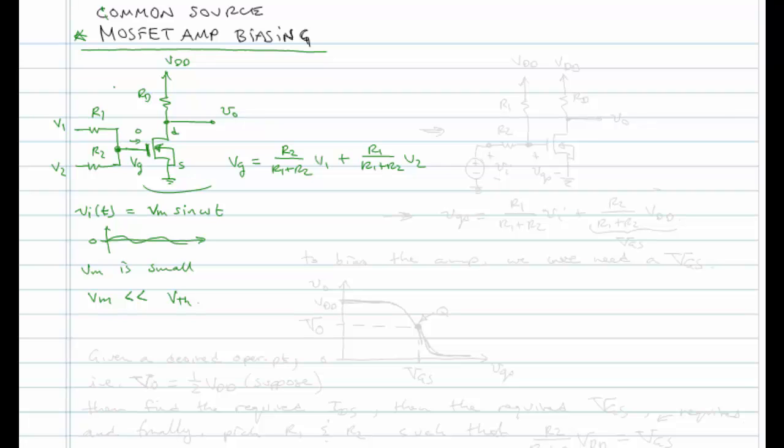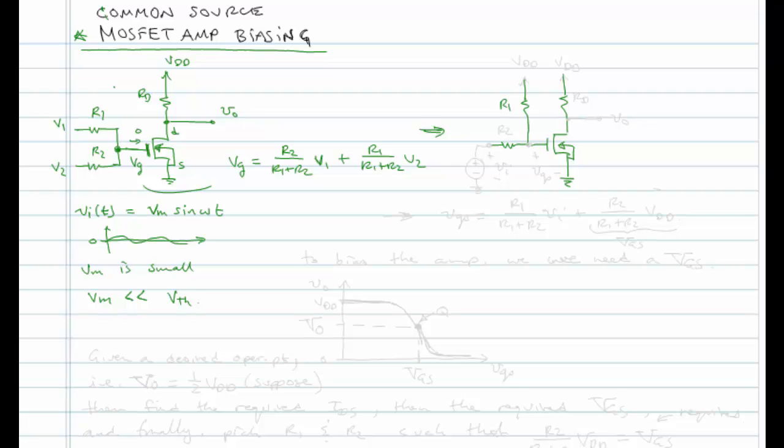So we can actually sum two different voltages into the net voltage at the gate. And I'm going to use that to construct the following circuit, which is essentially what I've drawn to the left here, but I'm going to redraw it to look a little bit different, but it's the same topology.